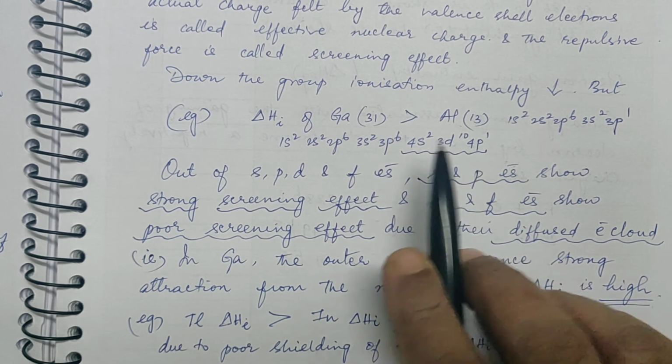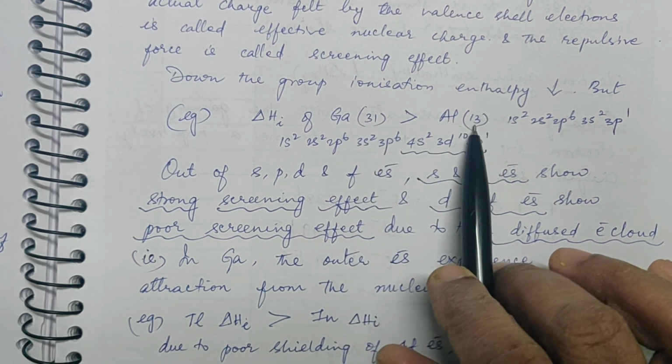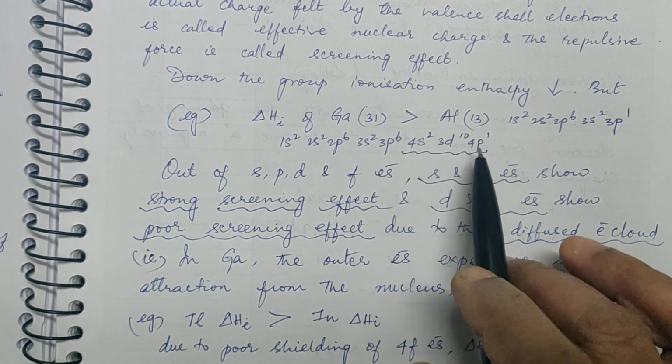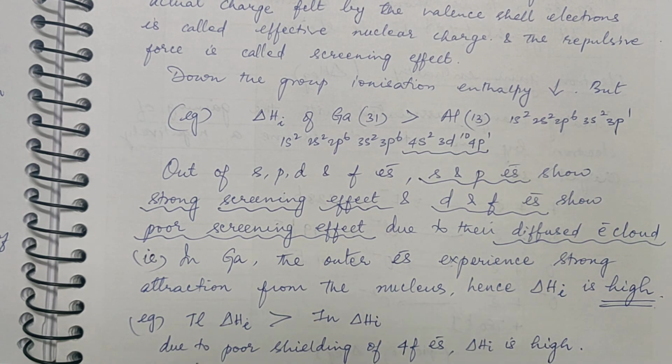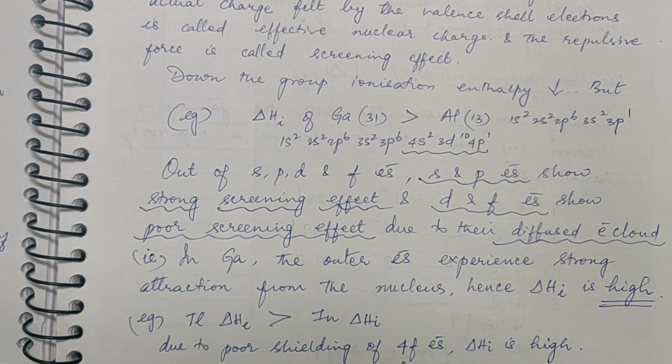With the result, gallium has higher ionization energy than aluminium, in spite of the valence shell being far away from the nucleus. Okay, the same condition can also be explained in terms of thallium and indium. The same condition here, due to poor shielding of 4f electrons, the ionization energy is high.